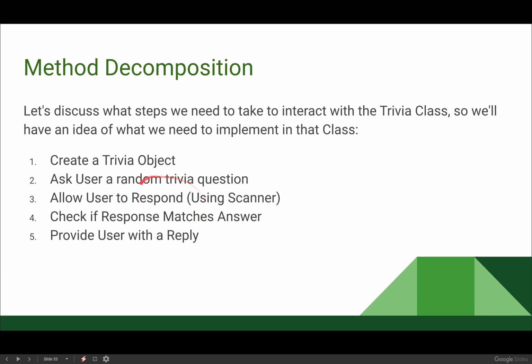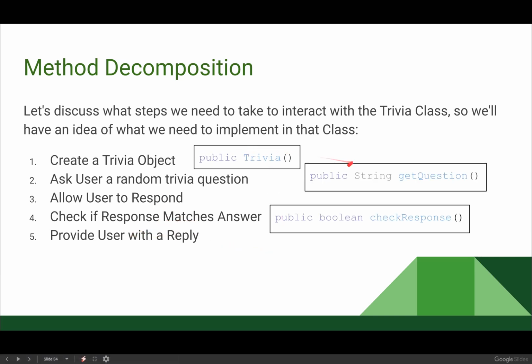So just within here, we can see some things that we would need our trivia class to be able to do. We'd need to be able to create objects, so we need a constructor. We need to be able to get a random trivia question. And we need to be able to check if our user's response matches their answer. So each of those could be a method or a constructor.